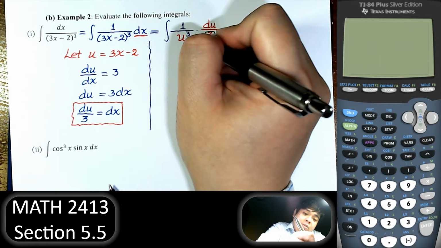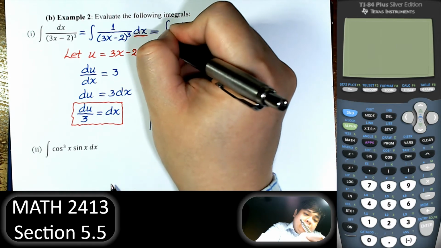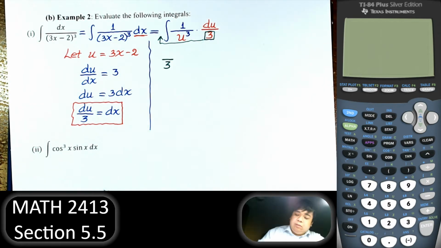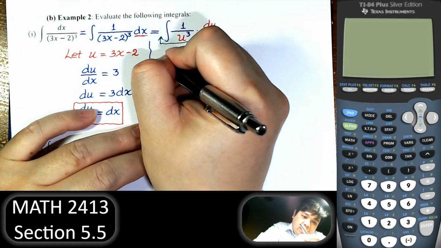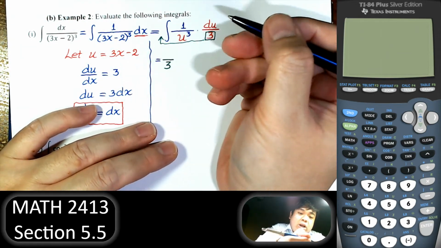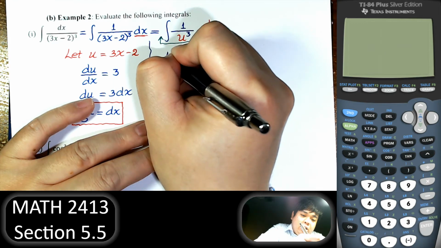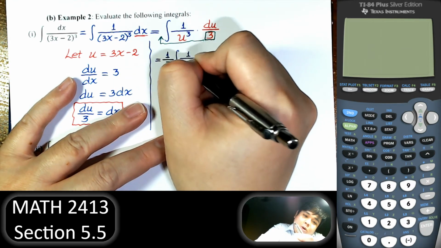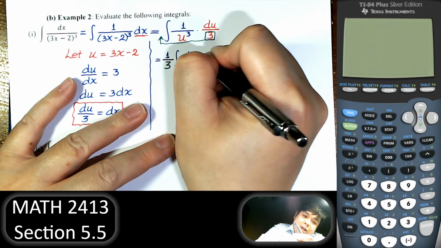It is at the bottom, so it will stay at the bottom. And there's nothing on the top, so we just put 1 to hold the place. So we have 1 over u cubed du.